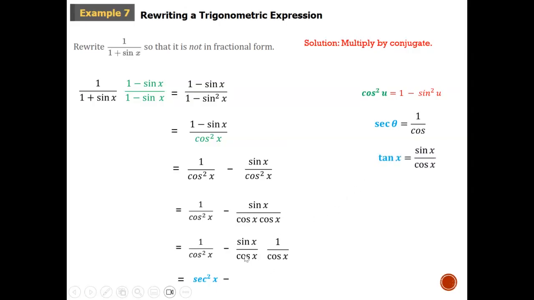So I'm going to replace sine x over cosine x with tangent. And 1 over cosine is equal to secant, again. So I'm going to replace 1 over cosine with secant of x. And this is my result. You see, guys, I took out the fraction. There are no more fractions. And that's what they wanted you to do here.